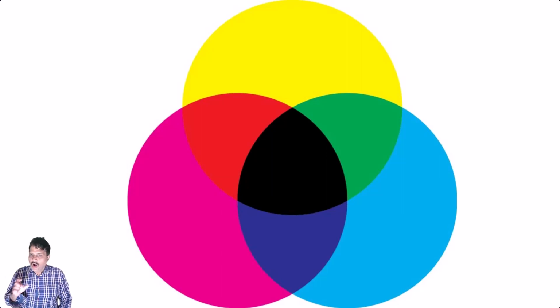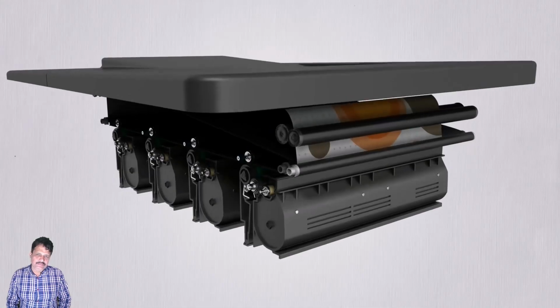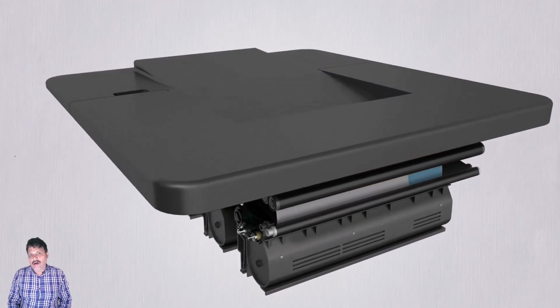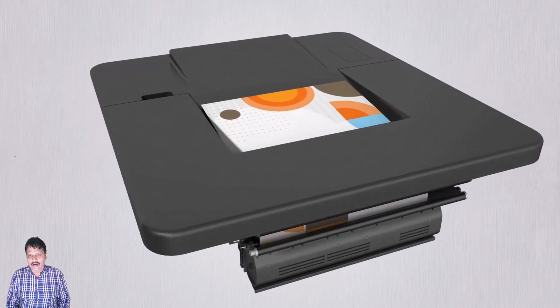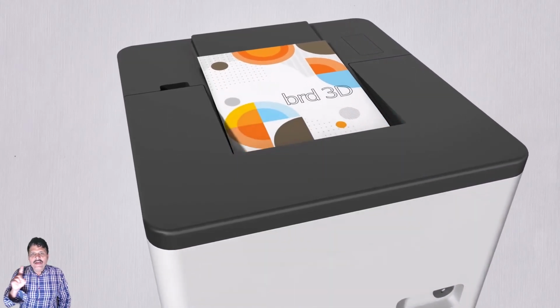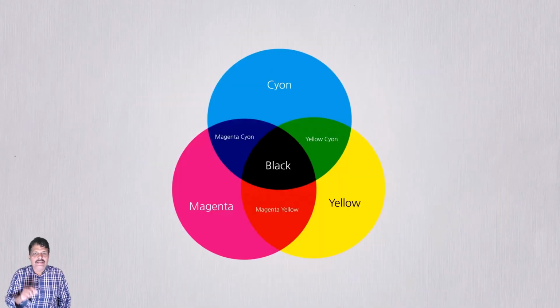Now, if you want black, how do we get black? If you mix yellow, magenta and cyan, you get the black color. But the first problem you have is that mixing yellow, magenta and cyan doesn't give you pure black.